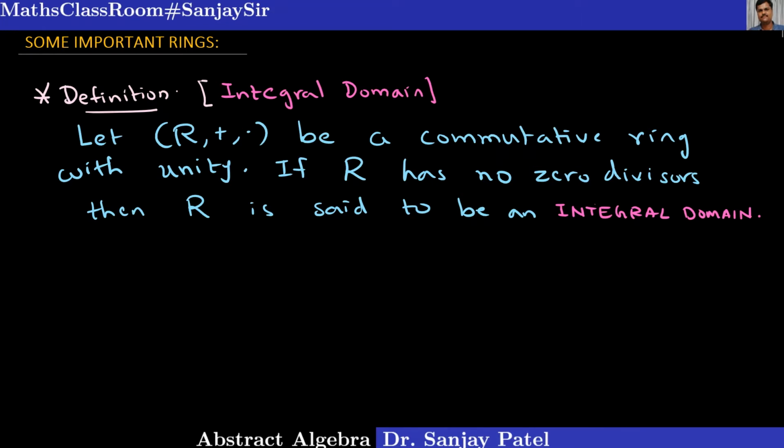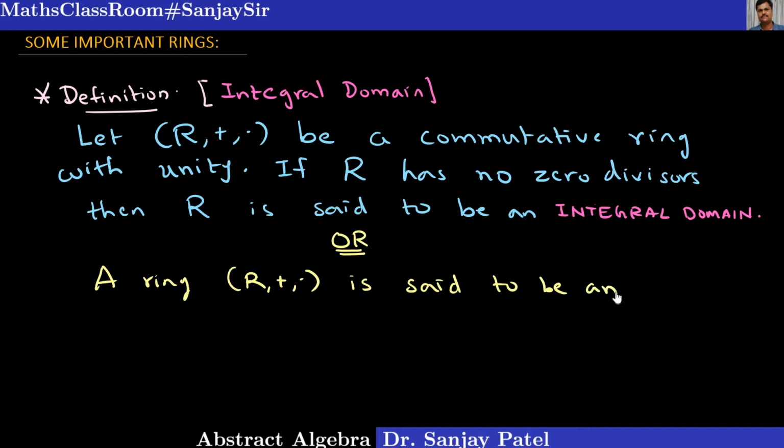We'll quickly recall, and let me write this in a different way so that you can understand what to check if you want to prove that a ring is an integral domain. A ring (R, +, ·) is said to be an integral domain if, first condition, R is commutative.